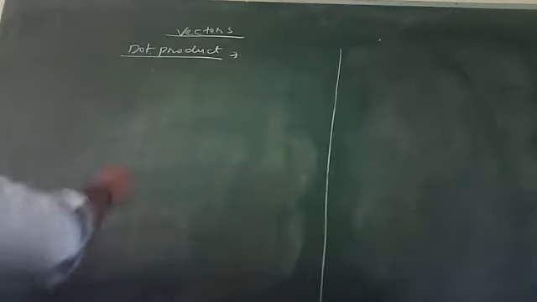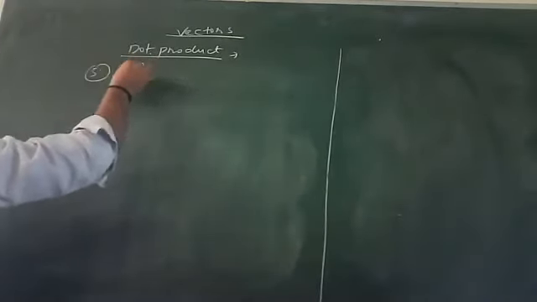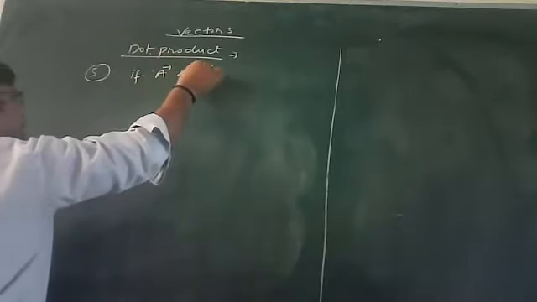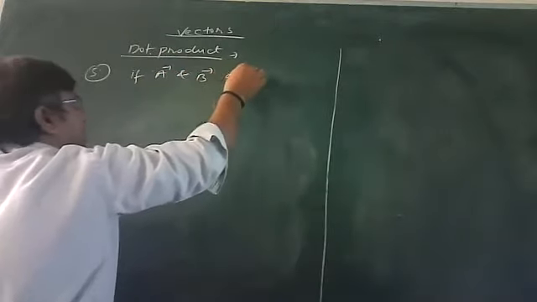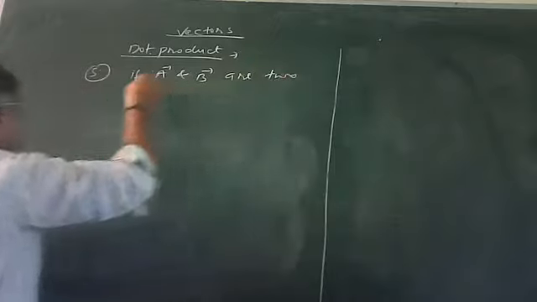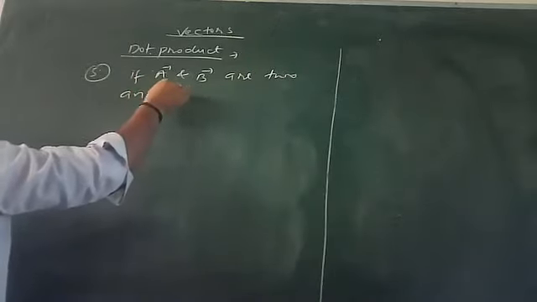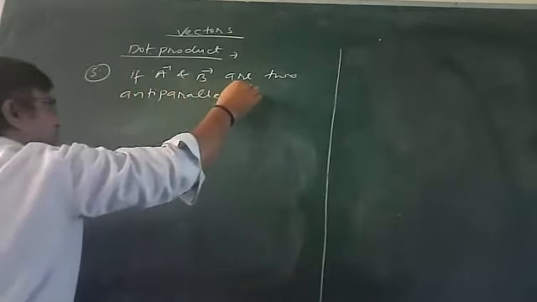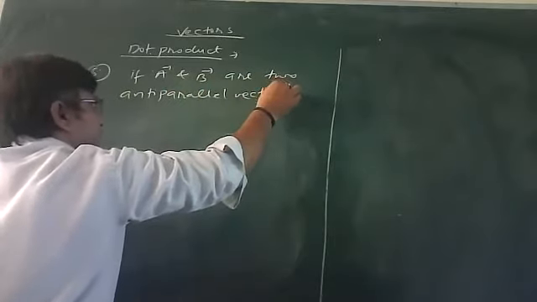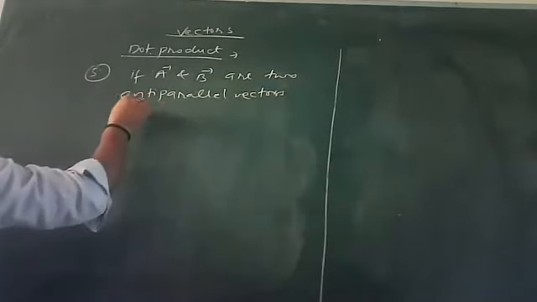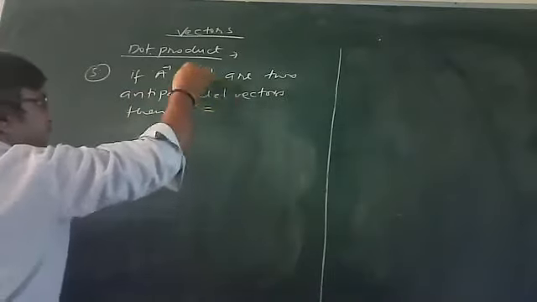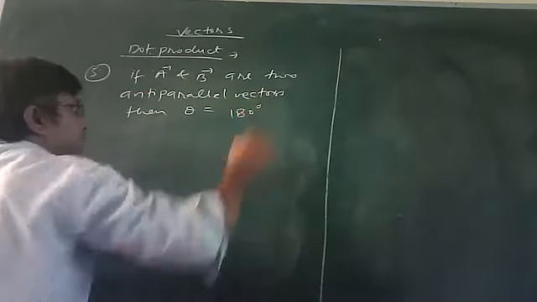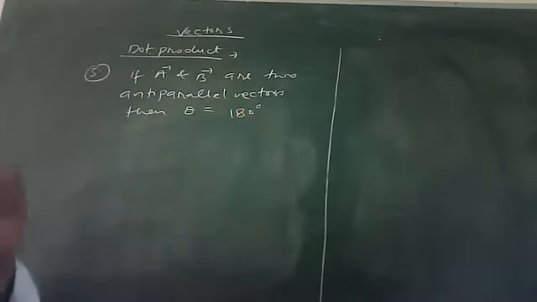Now property number 5. If A vector and B vector are two anti-parallel vectors, then theta between A vector and B vector will be 180 degrees. The value of cos 180 will be -1.